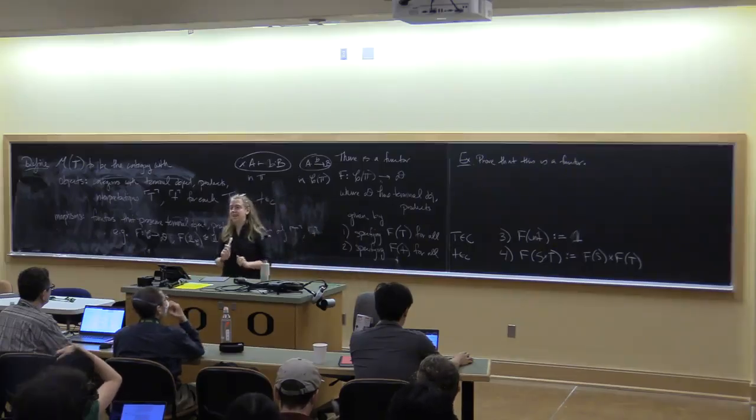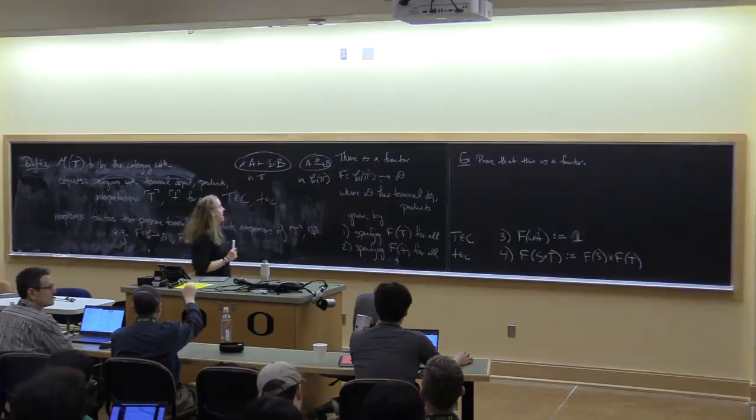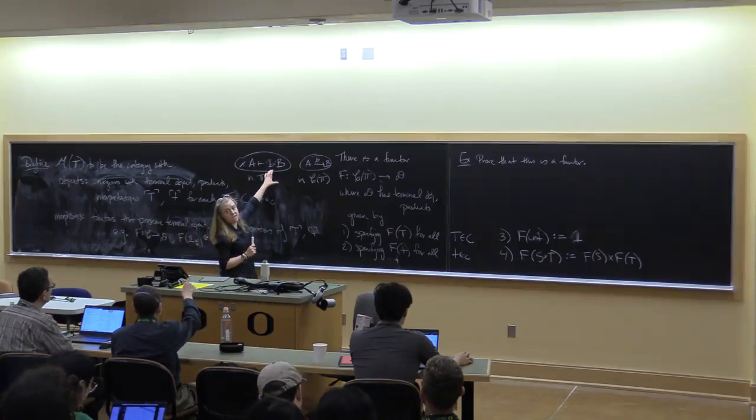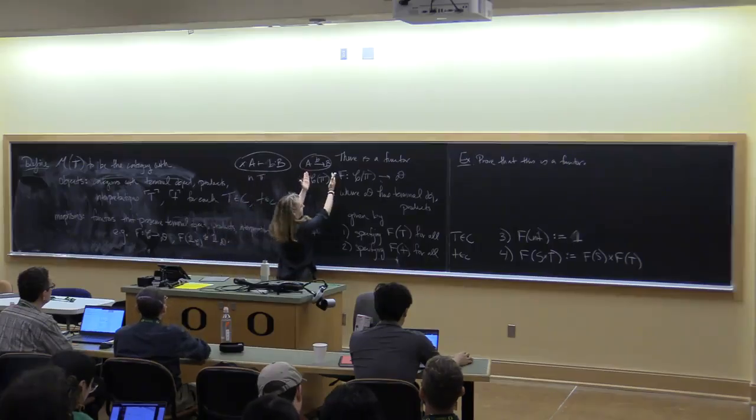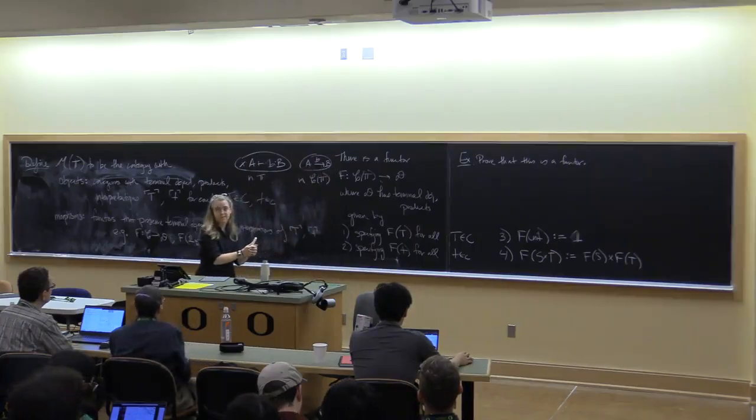There's a lot of choices, and I'm trying to do the simplest thing I can. Yeah. Yes. I mean, this is definitely a type of judgment for B. Yeah, so in this category, the morphisms are typing judgments.